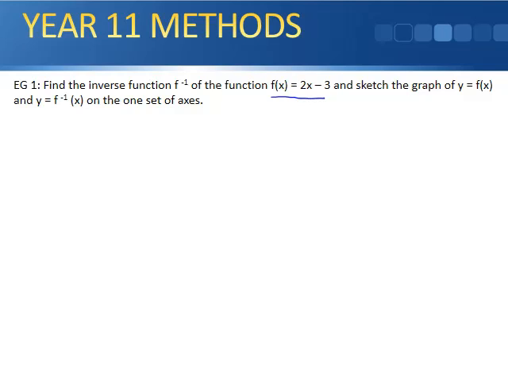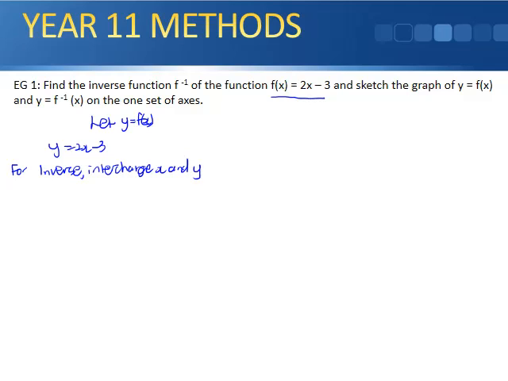Well, first of all, we'll say let y equals f of x. So we got y equals 2x minus 3. For inverse, we interchange x and y.